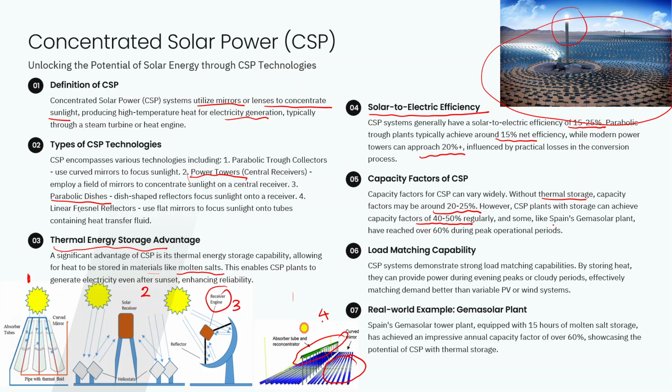For example, at Spain's Gemasolar plant, they have reached over 60% during the peak operational period. So you can see there are many towers in this kind of power plant, one here, one here, and so on.